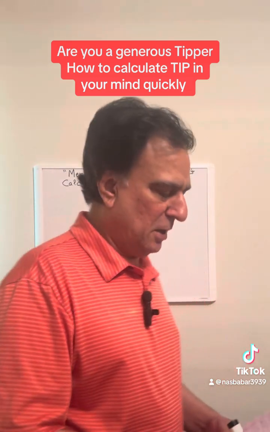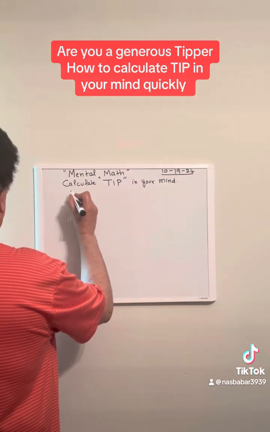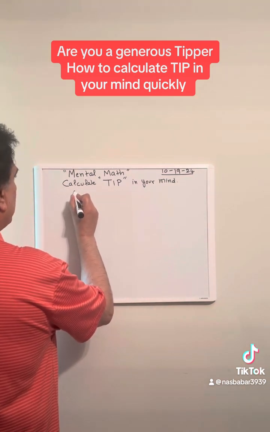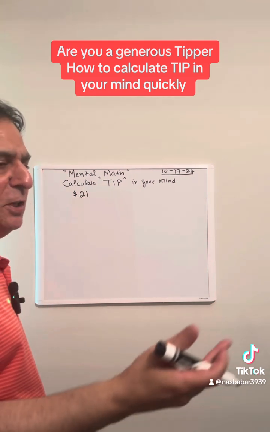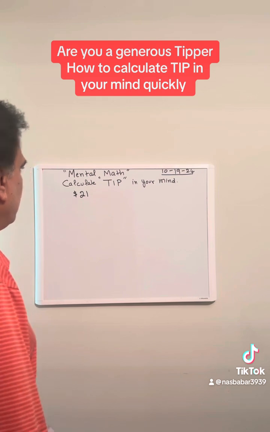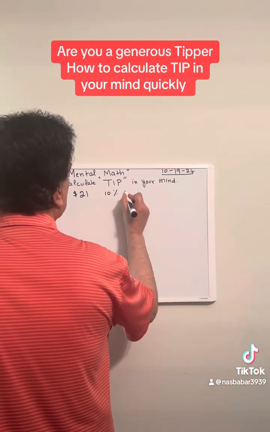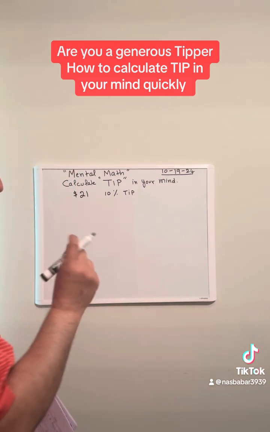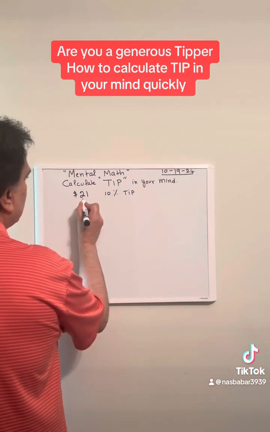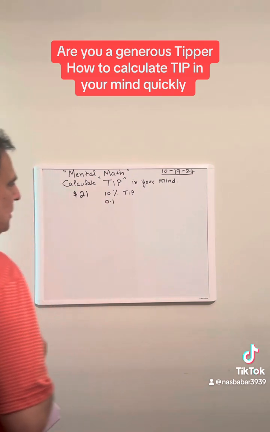Okay. All right. So let's say you go to a restaurant and your bill is $21. And let's say you're supposed to pay 10% tip. So basically, 10% is multiplying this 21 by 0.1.